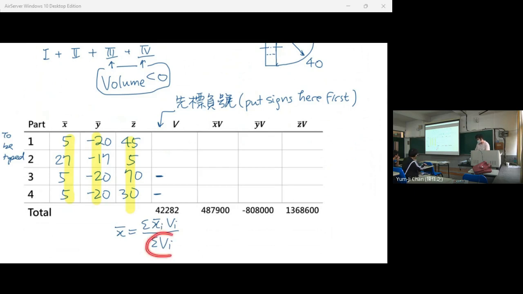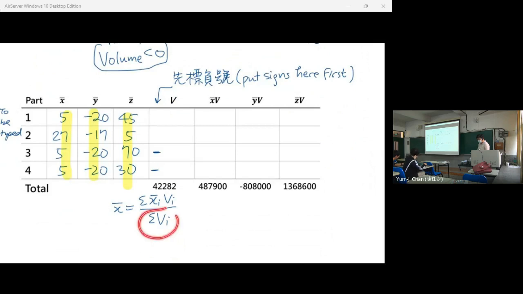This is the total volume of the shape, and this one is the summation of centroid times volume of each part. So we calculate the x bar and v of each part, and this is the same for y bar and z bar.